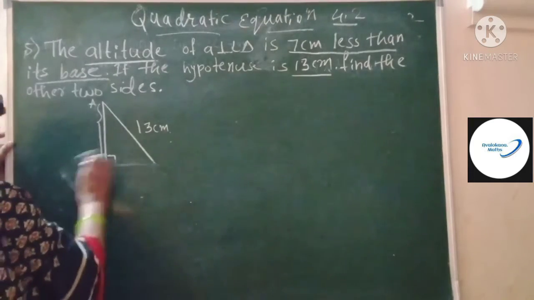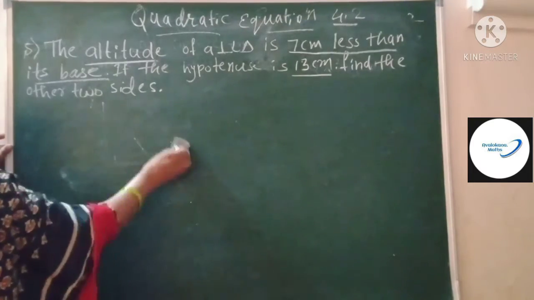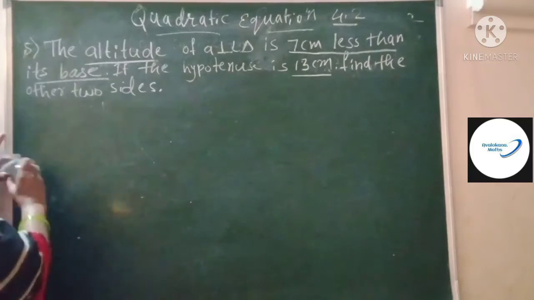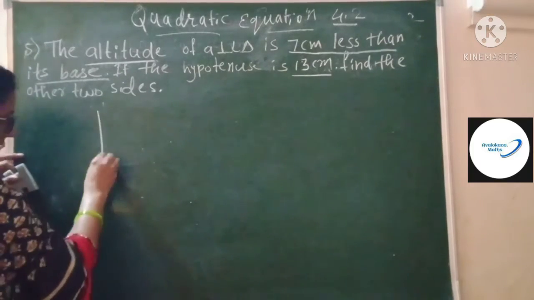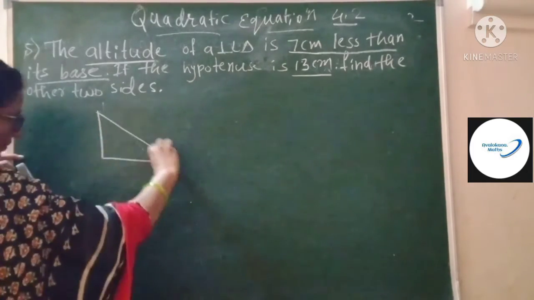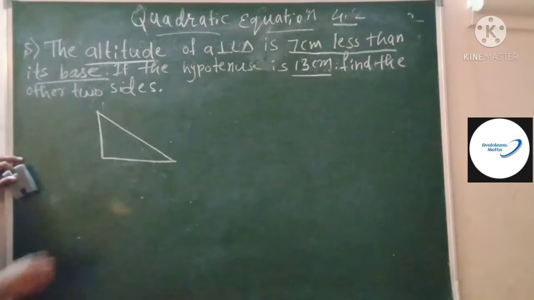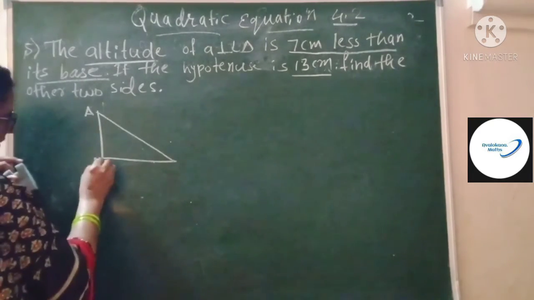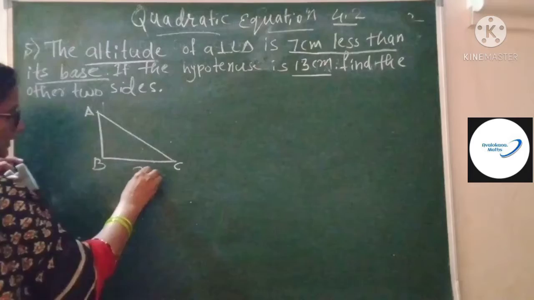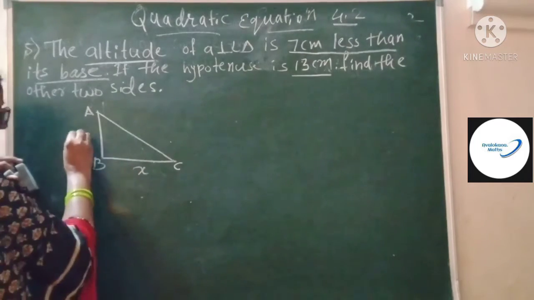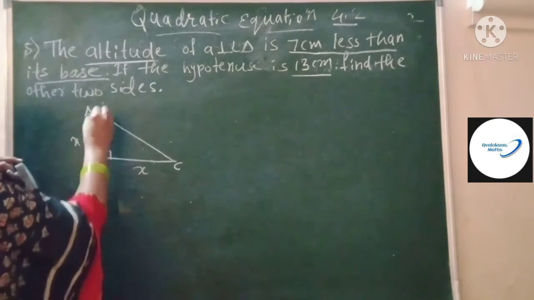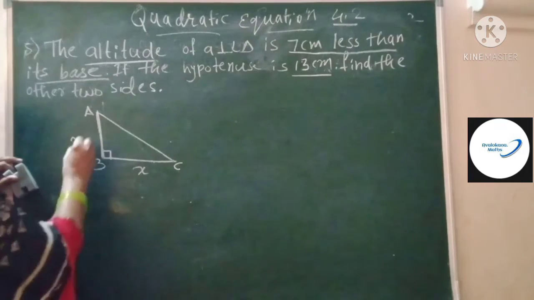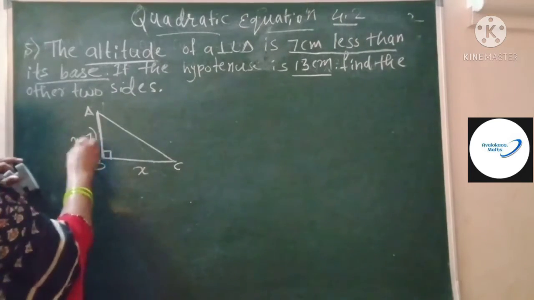So children, be careful while drawing the diagram also. Now the height is smaller, so you have to draw it this way. That makes a good impression. Suppose ABC is the triangle and this is x, that is the base, then the height, the perpendicular distance, is x − 7. Very simple.